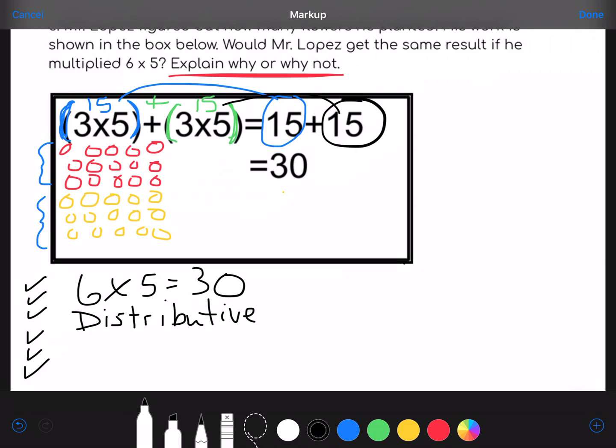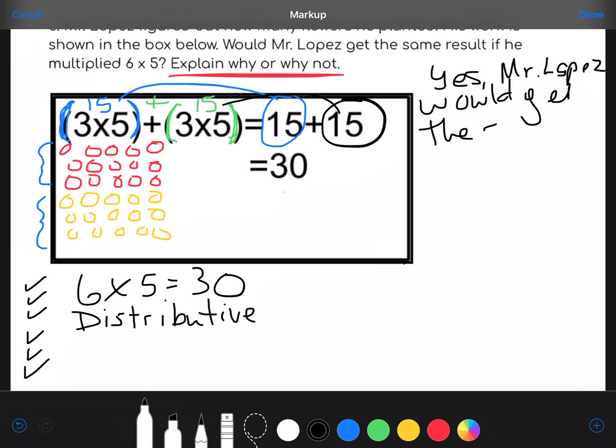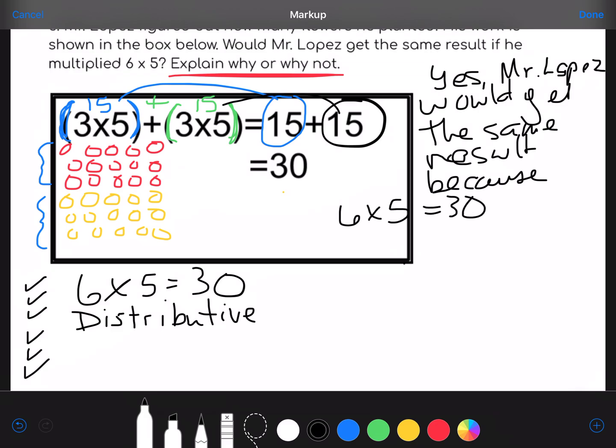Okay? So let's write our answer. Yes, Mr. Lopez would get the same result because 6 times 5 equals 30.